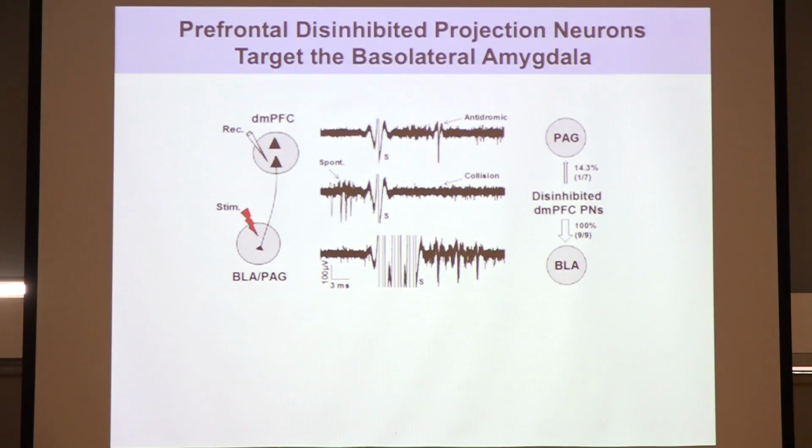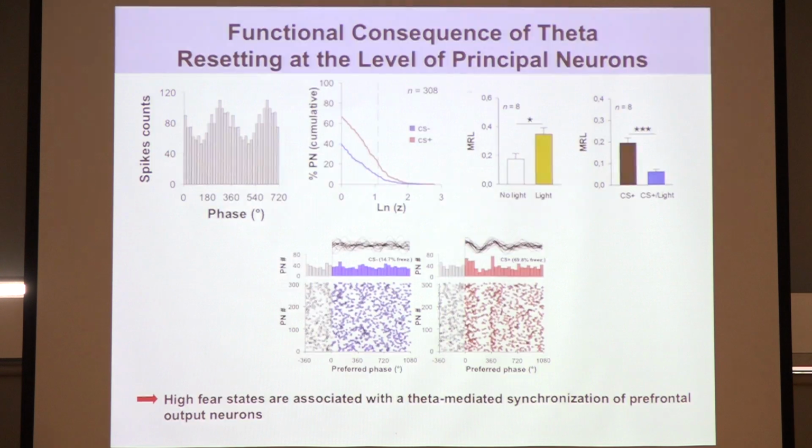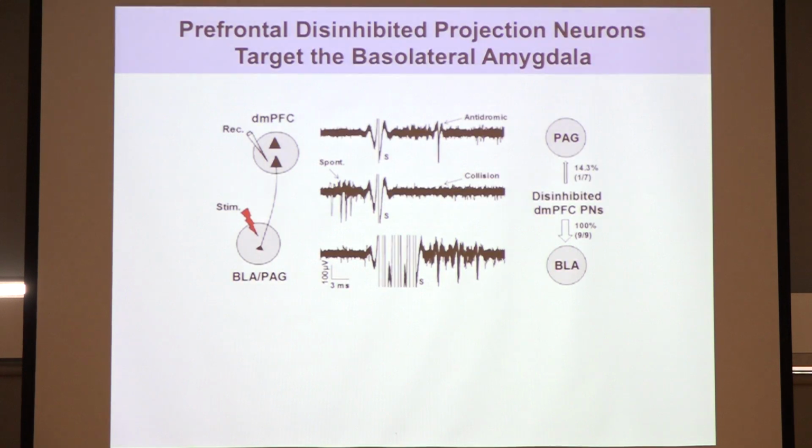And again, we used the antidromic stimulation strategy, and we stimulated the fibers in the BLA or the PAG, periaqueductal gray, because we know that the prefrontal cortex projects to both regions. And we got antidromic responses, and what we observed is that all the principal neurons that were activated during the tone presentation were projecting to the basolateral amygdala.